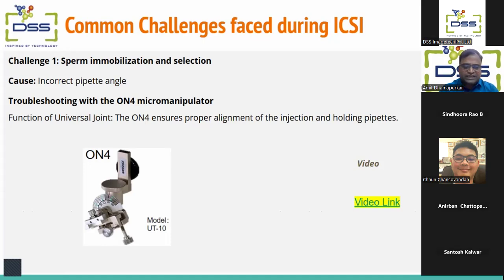Normally 35 degrees is the conventional angle to perform ICSI, and 20 degrees is the conventional angle for piezo ICSI, which is a pulse-triggered ICSI. These two things are important while adjusting the pipette angle. We have a video link. I'll open the video link so that you will know exactly how it works.